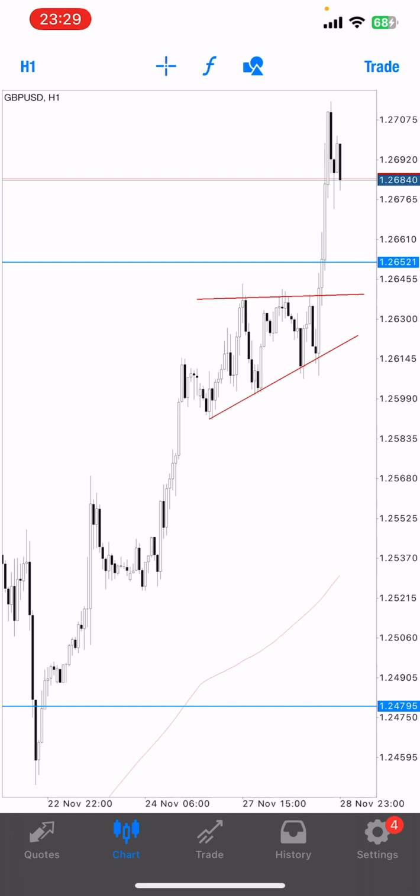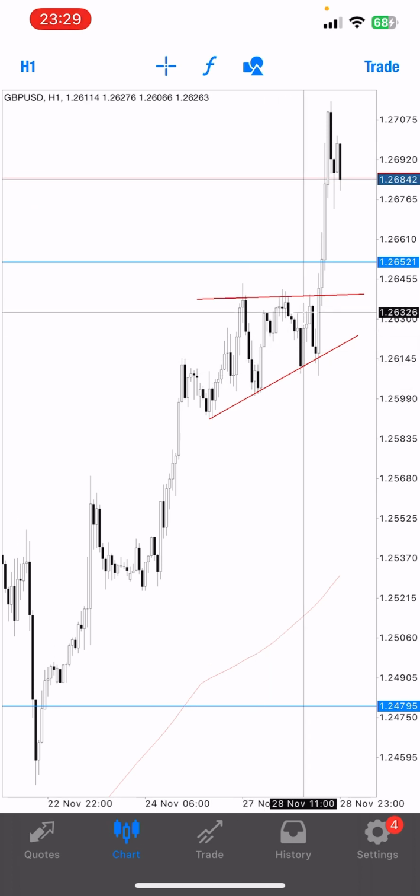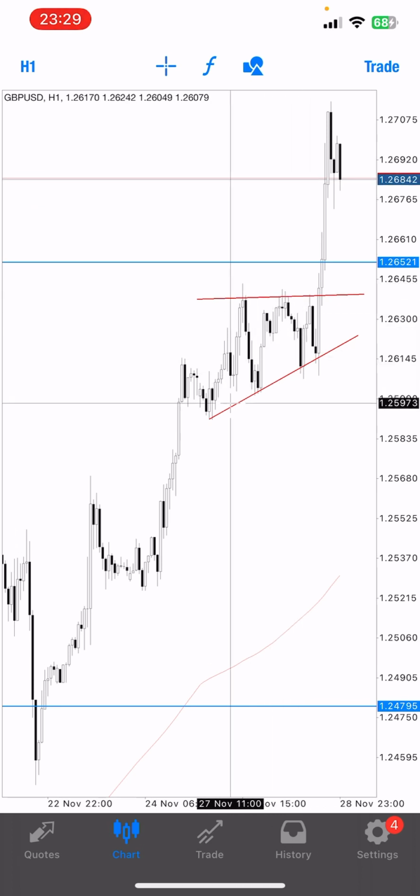This is wrong. So what you do, you wait, because you see the market came, reached here, moved to reach this level, came down, reached this area, came down. You see, it was not crossing the diagonal trend line.